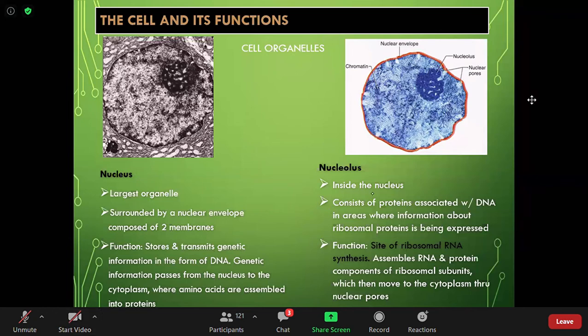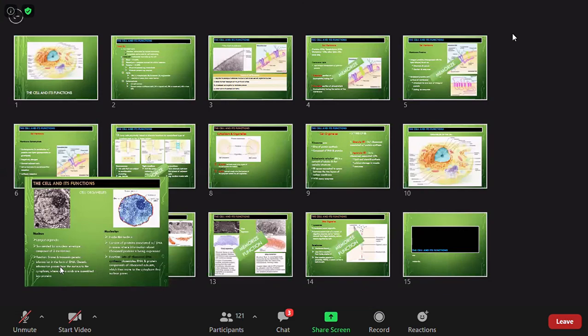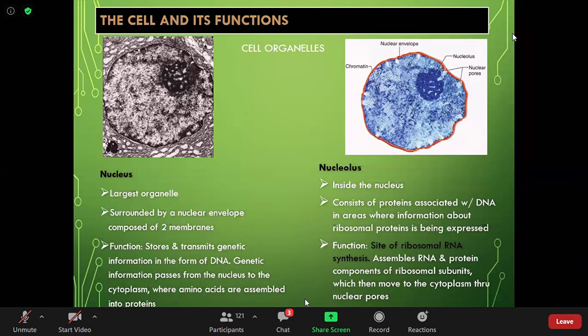So the nucleolus is found inside the nucleus, consists of proteins associated with ribosomal proteins. This is the one that will express the ribosomal proteins, site of ribosomal RNA synthesis. Assembles RNA and protein components of ribosomal subunits, which then moves to the cytoplasm.